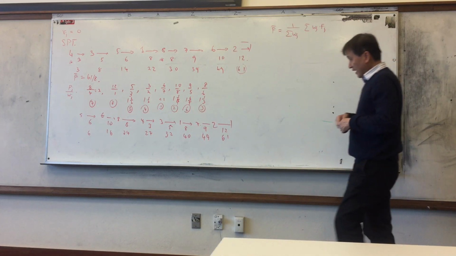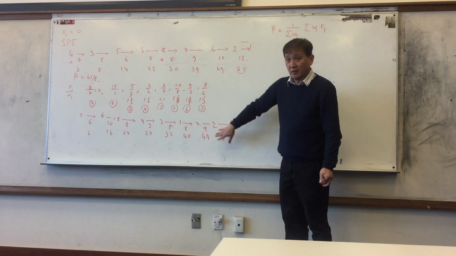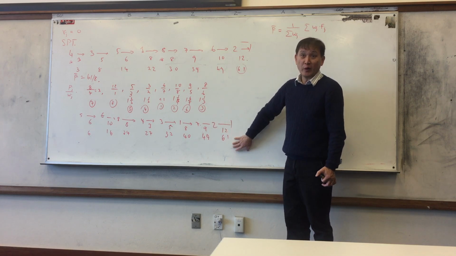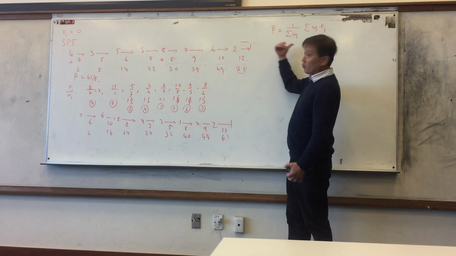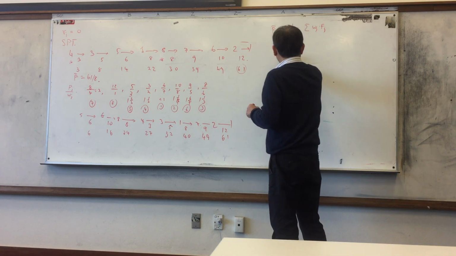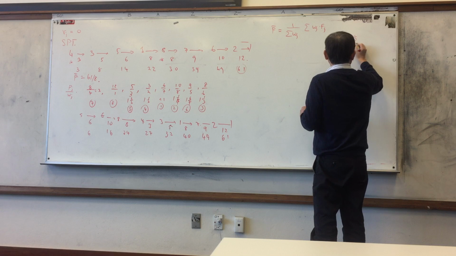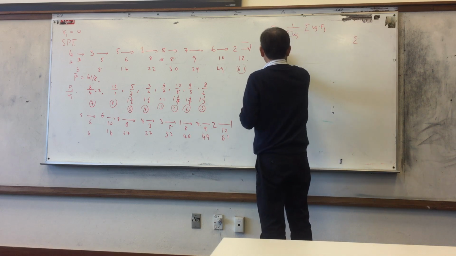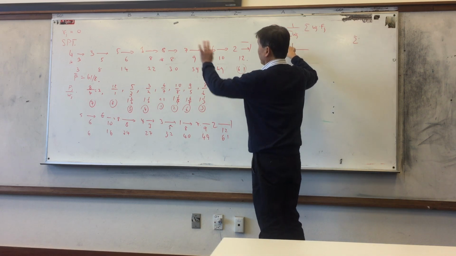Of course, this is the total actual time, but it's not the weighted time. So I have to weight them up. So what is this one? So I've got the sum of omega, which is equal to 1 over, so what is the number there?